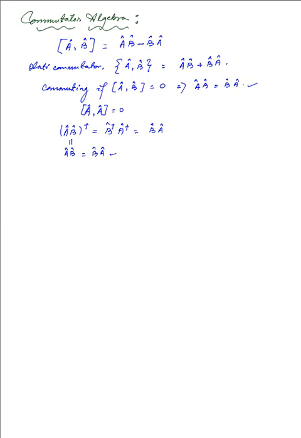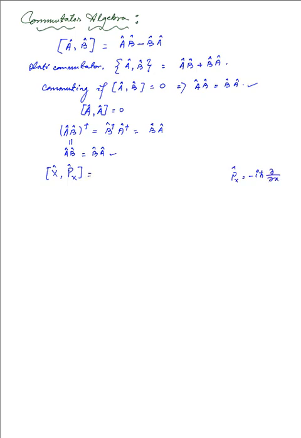As an example, we may mention the commutators involving the position operator and the x component of the momentum operator. Suppose we have the position operator as x, and we have px. As we know, px is simply equal to minus i h bar del over del x.